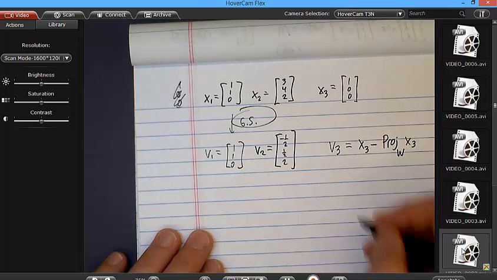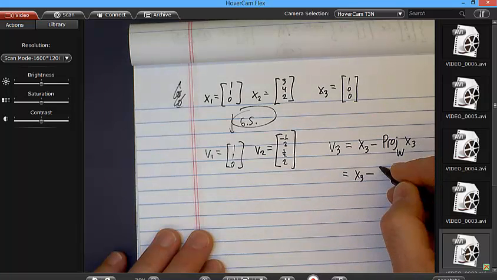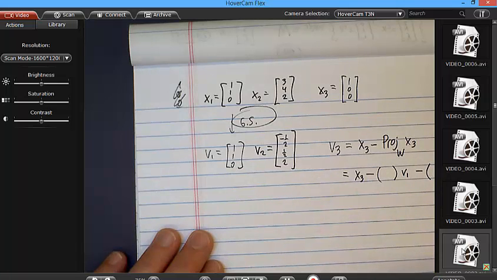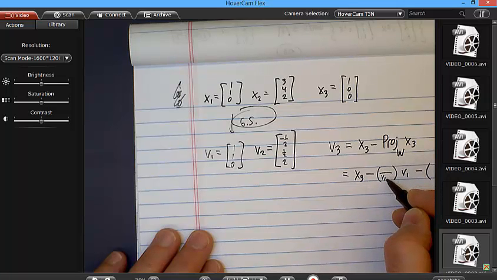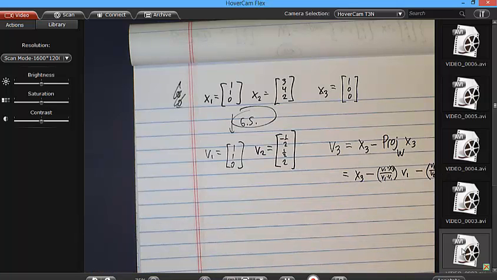And so what it really equals is X3 minus stuff times V1 and minus stuff times V2. And what's the stuff? This one's V1 dot V1 in the bottom, and it's V1 dot X3 here. And this one's V2 dot V2 in the bottom, and it's V2 dot X3 here. And that's what you do.